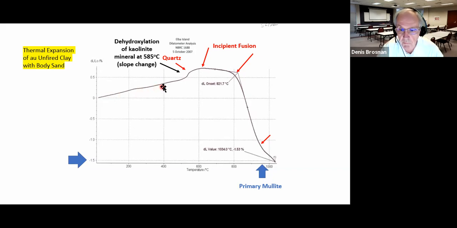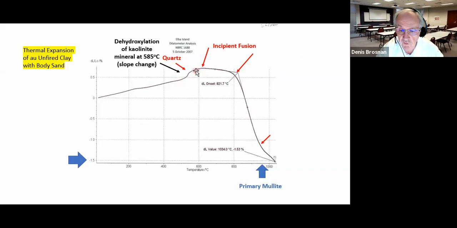And we go up here, and dehydroxylation takes place in the same general area as the quartz is going through what's called a crystallographic inversion. We go from alpha quartz, which is present at room temperature in the sand that's entrained in the clay, and it expands ever so slightly on heating at 573 degrees C. That's very predictable, to beta quartz, the higher temperature form of quartz.